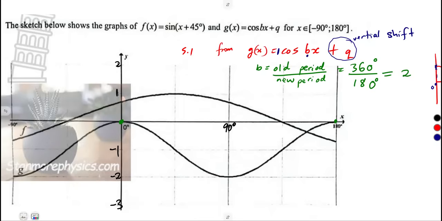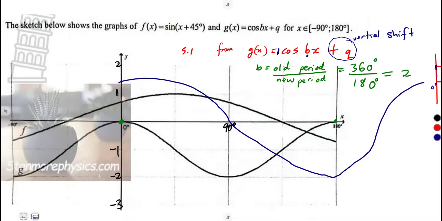So you can work with the original graph, but it is another way of finding out the solutions, because our original was supposed to be like this from 0 to 180, something like this. This is the original curve. It was going to be completing on the 360.